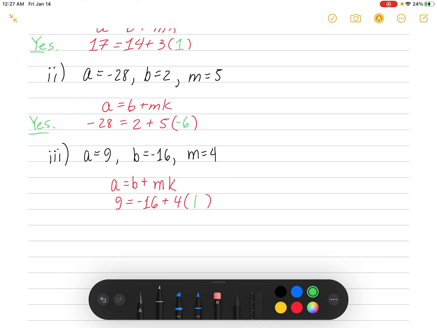That would give you -12. No, that wouldn't work. Or maybe I'm just not thinking in the right direction. What if you tried a bigger number?